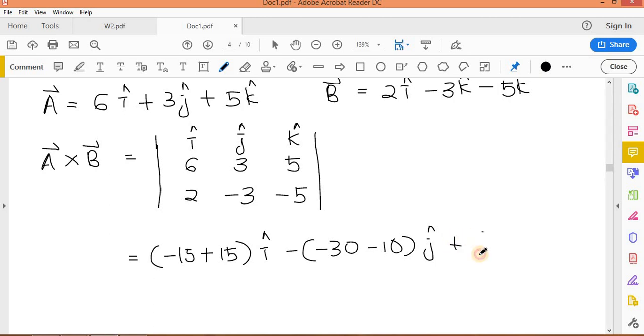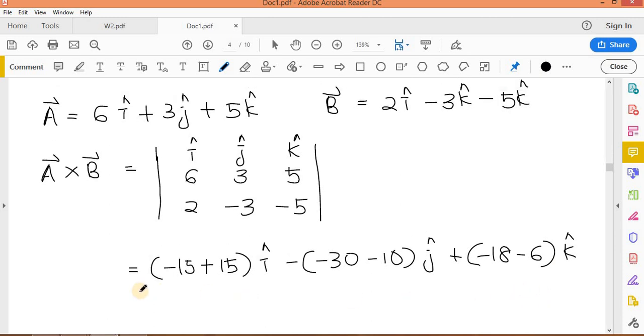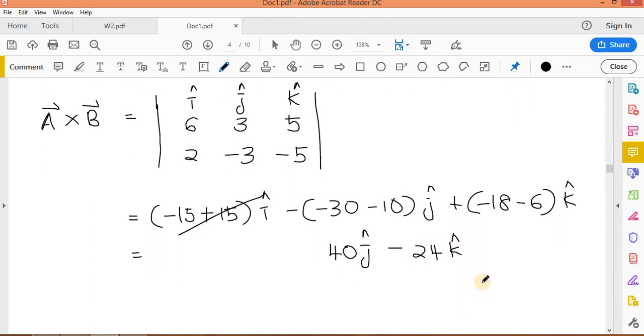And the next one, you hide the k, right? So no more i component. This one will actually be 40j minus 24k. This will be your answer after you perform the vector cross product.